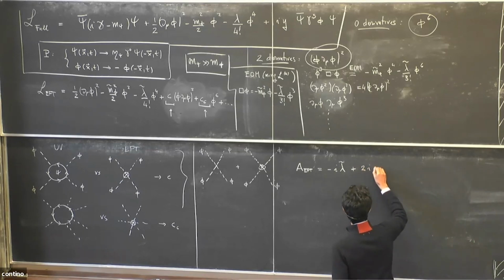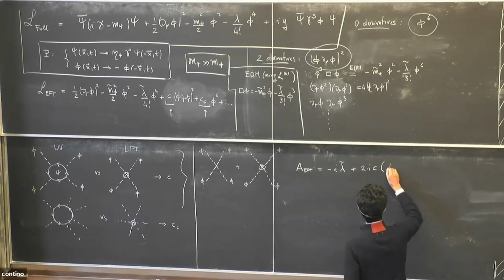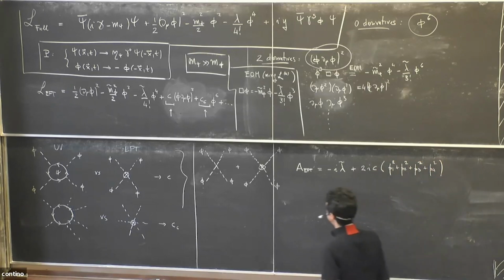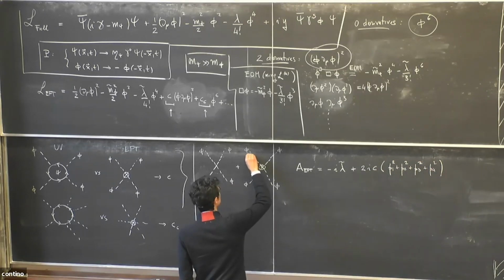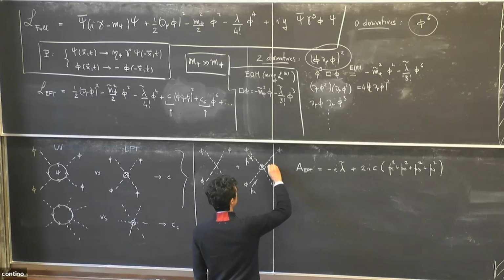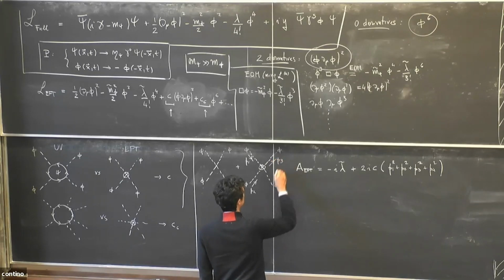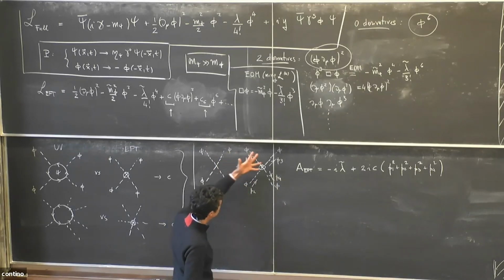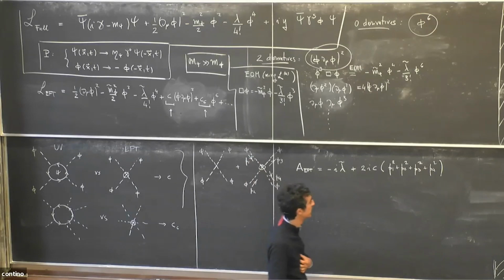So this is 2ic plus the sum of the squares of the momenta, which are defined in this way. So here P1 and P2 are incoming momenta, and P3, P4 are outgoing momenta. So I define momenta in this way.